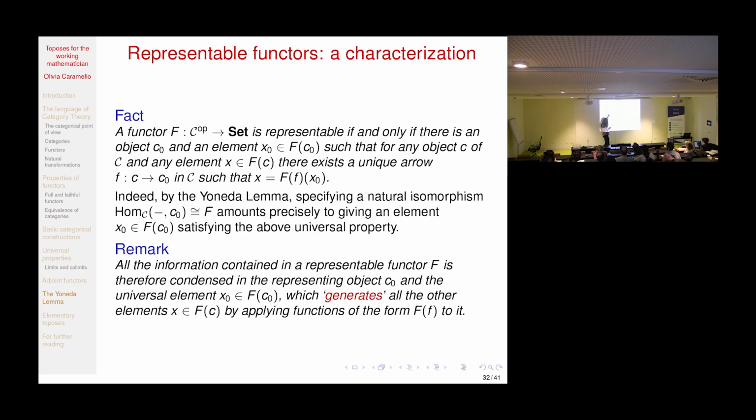Now the criterion says a functor is representable if and only if there exists such an object, C0, and an element of the set of values of the functor at that object, such that essentially all the other values of the functor at any other object C are derived from that particular element x0. So the situation is this.